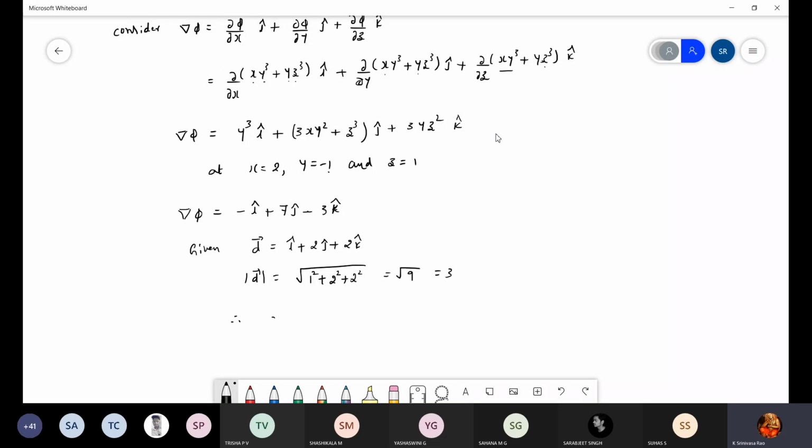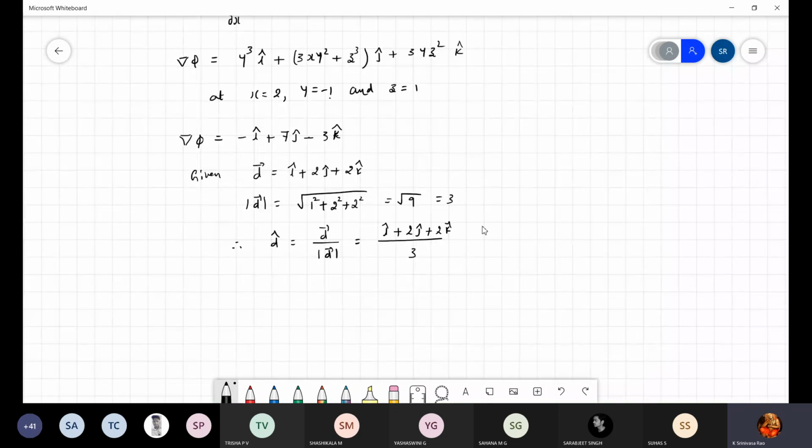Therefore, d cap equals vector d divided by its magnitude. So that gives i plus 2j plus 2k divided by 3. This is d cap. See, in the formula also you can substitute, I am just calculating separately.